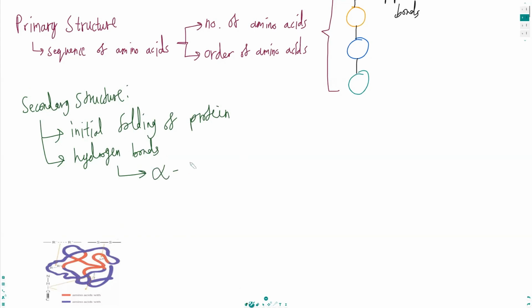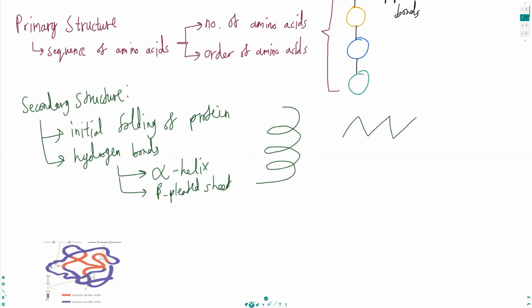We either have an alpha helix, and an alpha helix will look something like this, basically like a spiral, or a beta pleated sheet, and a beta pleated sheet will look something like this. So this is the alpha helix, and this is the beta pleated sheet.